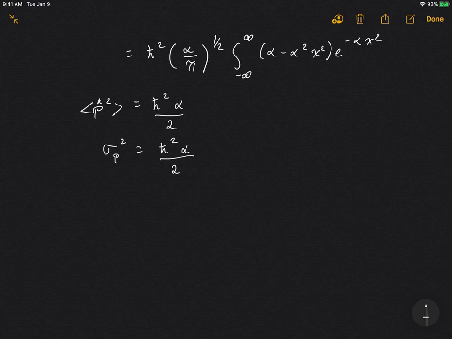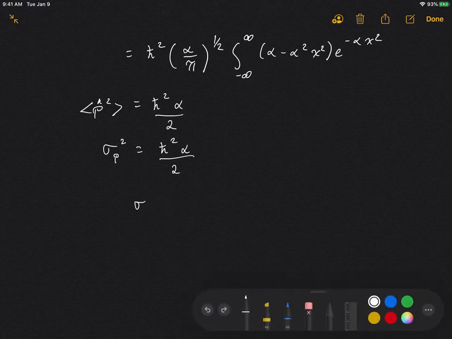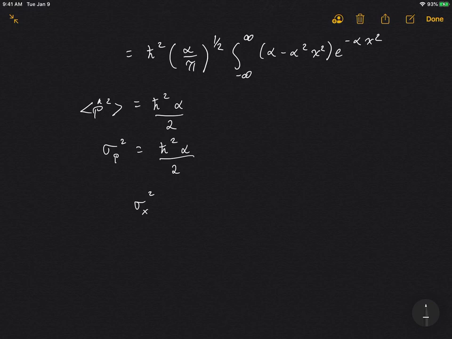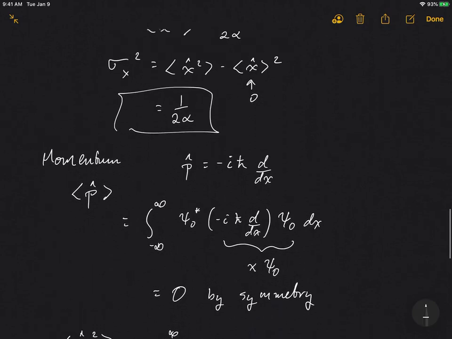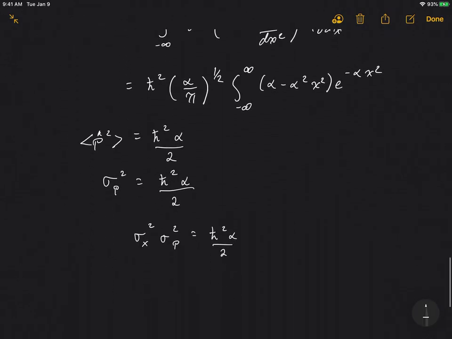So then we can look at the product, sigma squared x times sigma squared p, which is h bar squared alpha over 2, that's from the p part, and for x, it was 1 over 2 alpha.